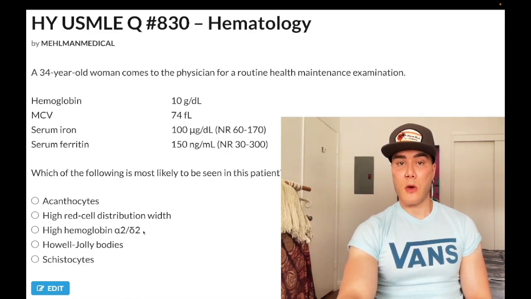So let's just whip to the other answer choices here. Choice D, Howell-Jolly bodies, wrong answer. These are seen in asplenia. So these are nuclear remnants. It can literally be surgical splenectomy, or it can be sickle cell. They like that, okay? Because of sickle cell autosplenectomy, repeated microinfarcts to the spleen, and then you need to know that they're going to get vaccines against strep pneumo, Neisseria meningitidis, Haemophilus influenzae type B, okay, the important encapsulated organisms.